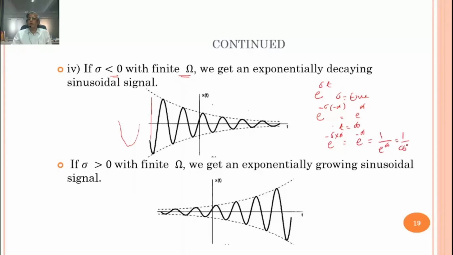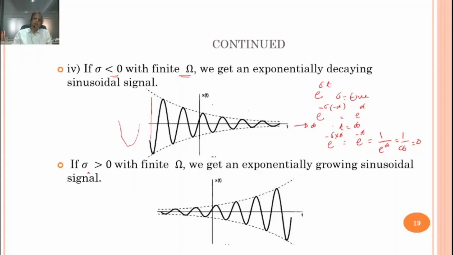So 1 upon infinity is 0. As t approaches infinity this value approaches 0, and this is the sinusoidal waveform whose nature is a decaying sinusoidal signal, as the amplitude is decreasing.